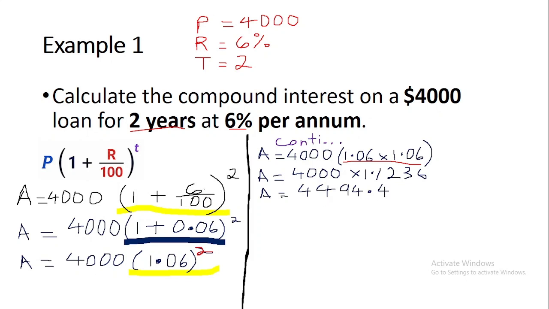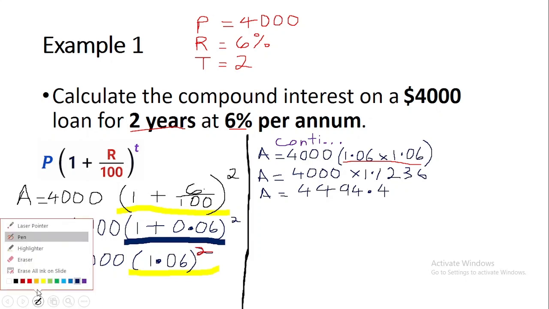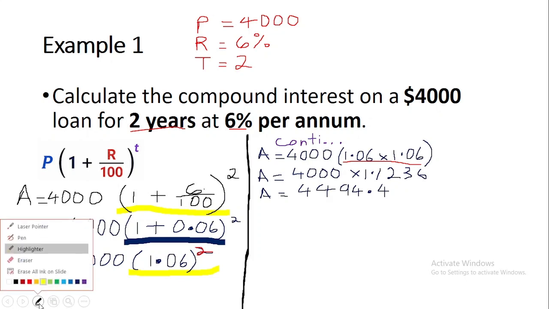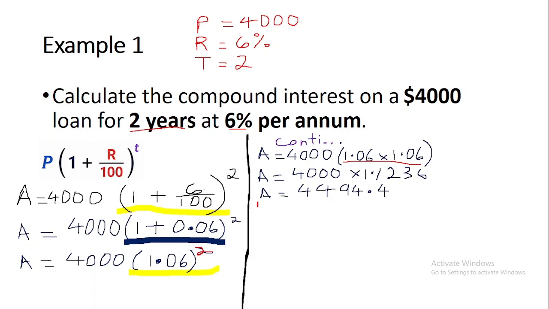So this entire piece right here is my total amount. So that's what I found right there. So the formula, as we have finished using the formula to get our total amount, our total amount A is gonna be equal to 4,494.4.